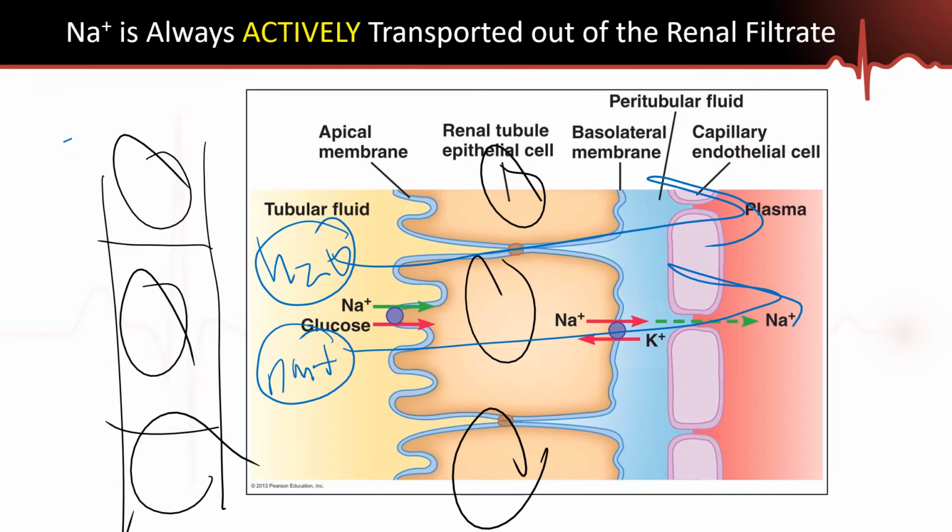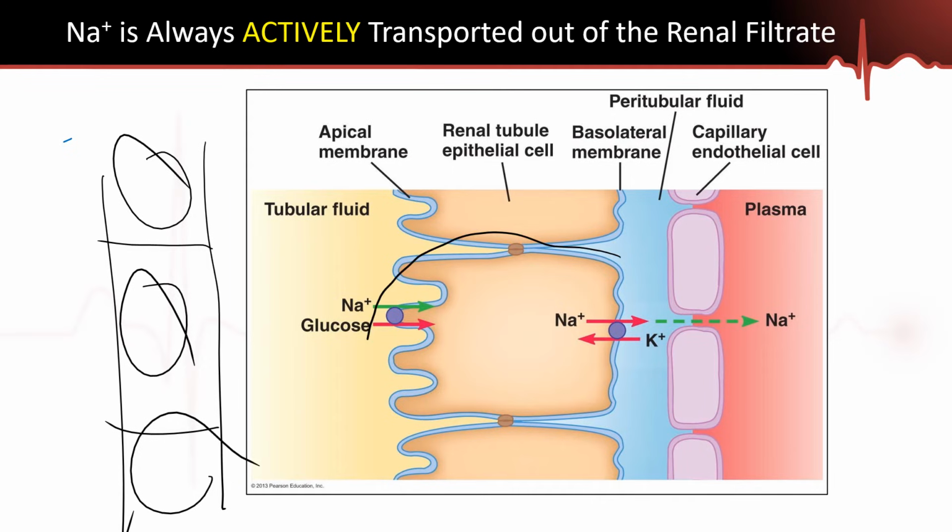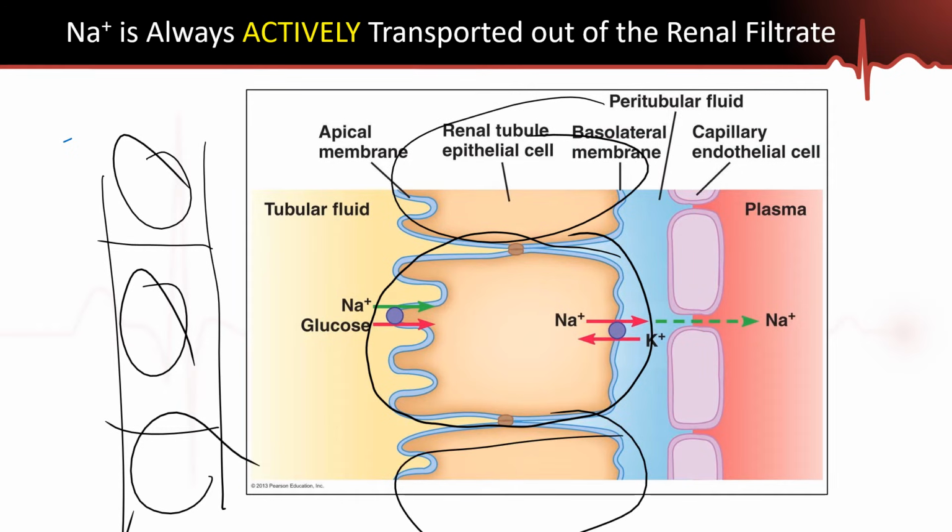Okay. And it's complicated, and it's going to require you to think about some things that you probably haven't in a while. These cuboidal epithelial cells that line the nephron, they're cells. Every single one of them is a cell. What do cells have?